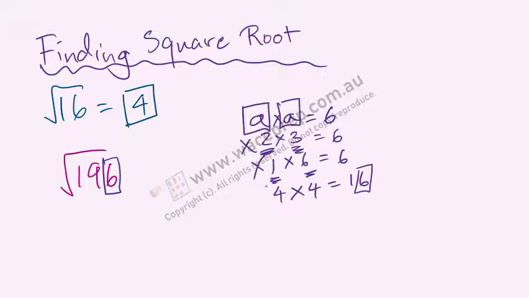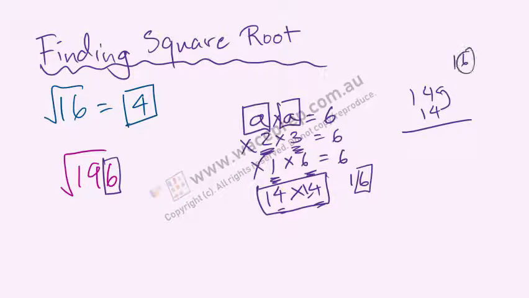Now we know 4 times 4 is 16, so it has to be something more than 4. So the next bigger number we can have with 4 in it is 14. 14 times 14. 4 times 4 is 16, and we put that 6 right here, right under the second column.